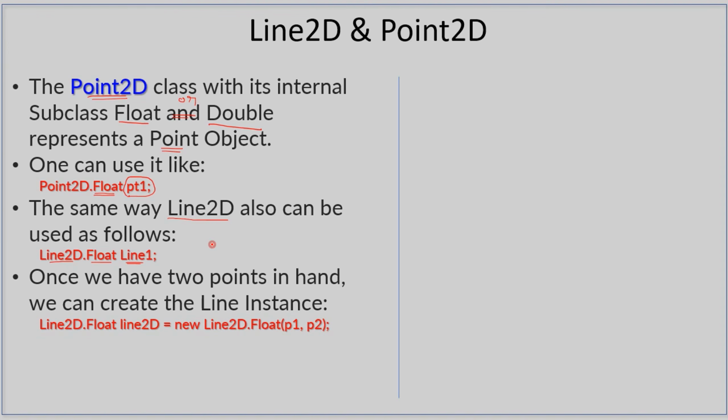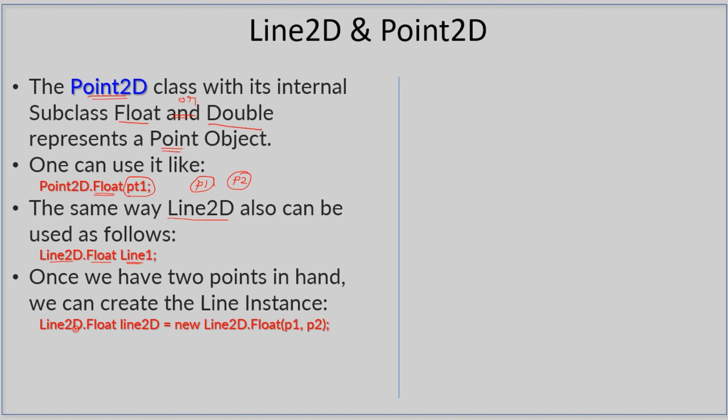Once we have 2 points in hand, that means here Point2D.Float. Say for example you created 2 point instances, one is p1 and another one is p2.